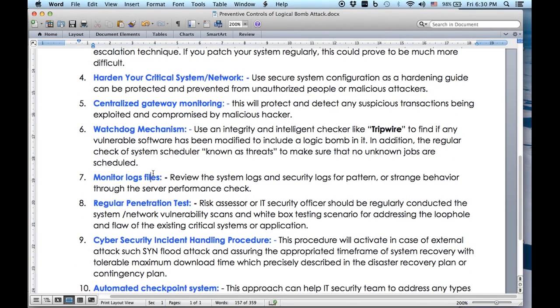So the next is monitoring log files. Normally, the IT security role needs to review these based on the critical system. For example, for the IDS or IPS system, IT security needs to check on a weekly basis based on the volume of the transactions, based on packet flow, whether internal or external transactions.